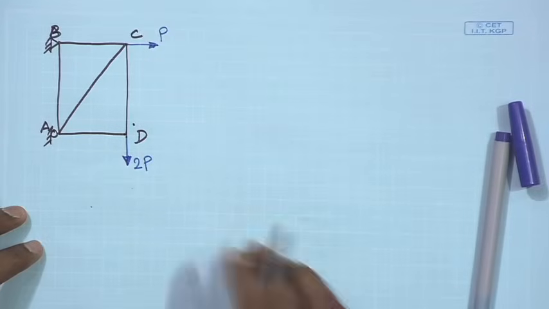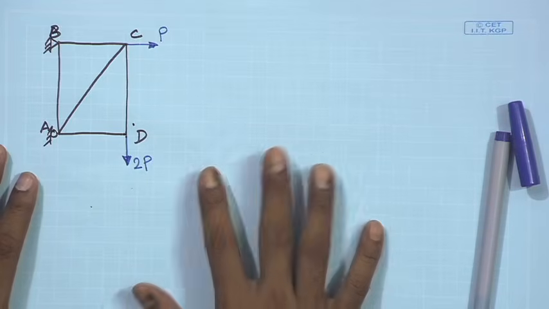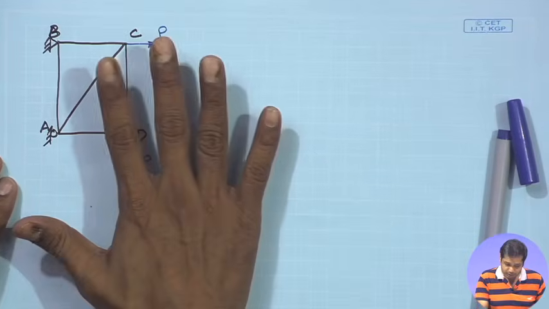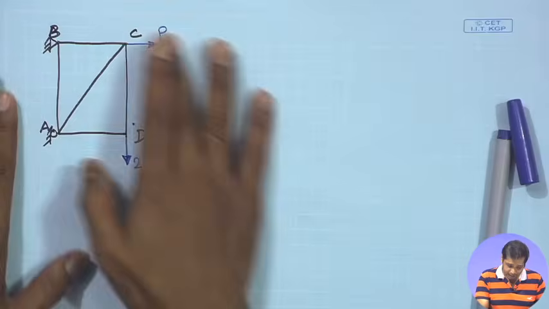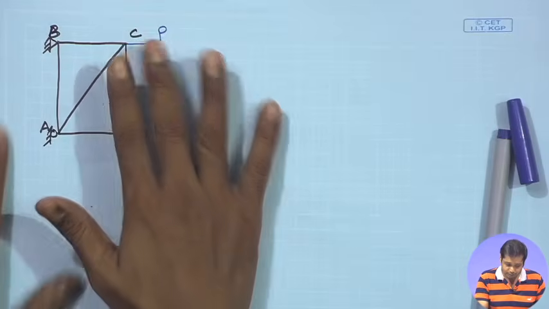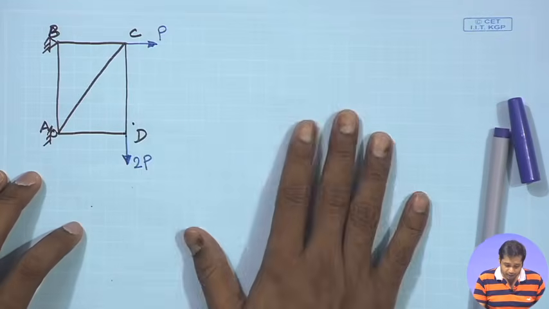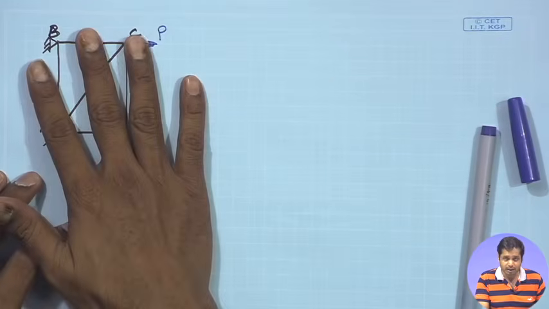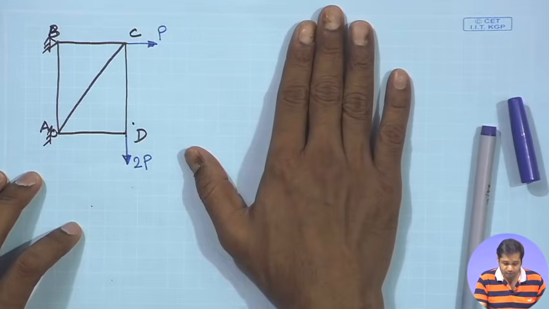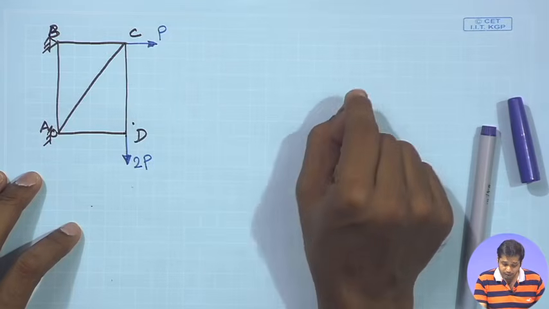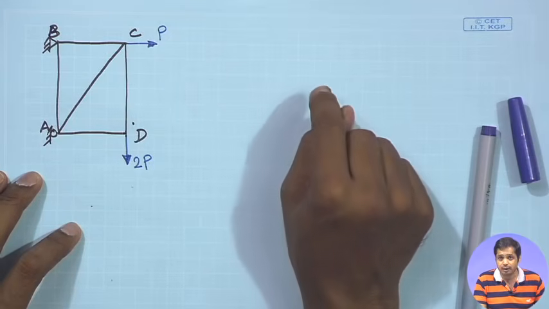Now, the first step in the unit load method is to analyze the structure and determine the forces in all the members. Then remove all the loads and apply the unit load in the same structure, at the point and in the direction where we want to find the displacement.